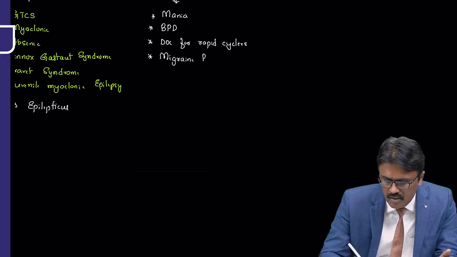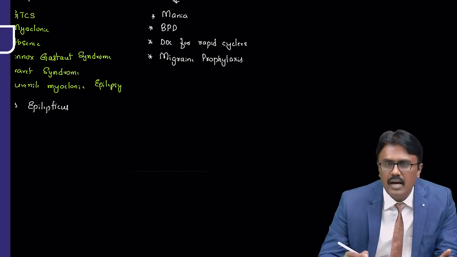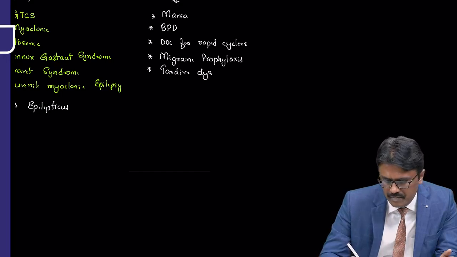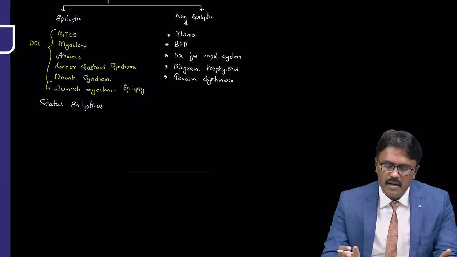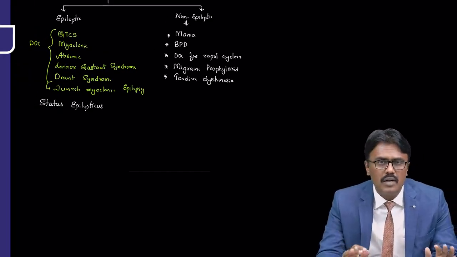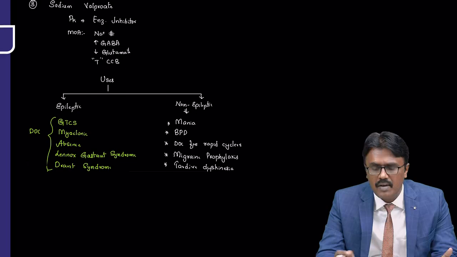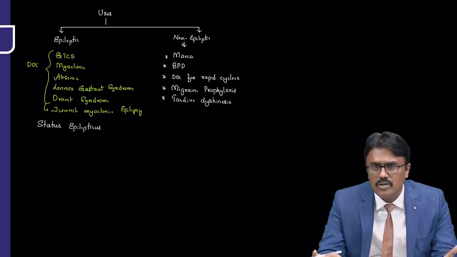Very beautiful drug for migraine prophylaxis. And it is also used in certain cases of tardive dyskinesia. So you should know the drug valproate. It's an enzyme inhibitor, multiple mechanism of action, and that's the reason the uses are also so much.